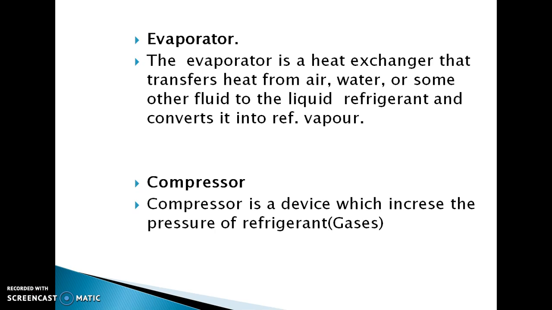So the main function of the compressor is to increase the pressure of the refrigerant so that it will be throttled to a lower pressure and we will get a low temperature refrigerant.